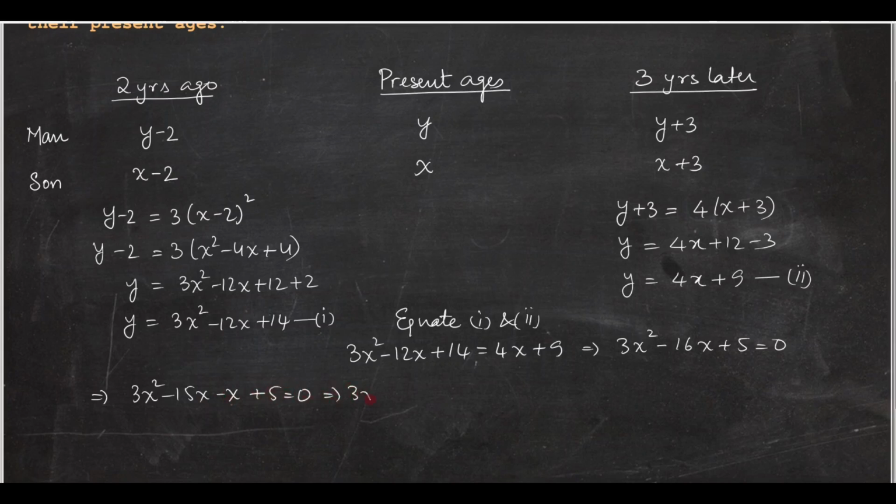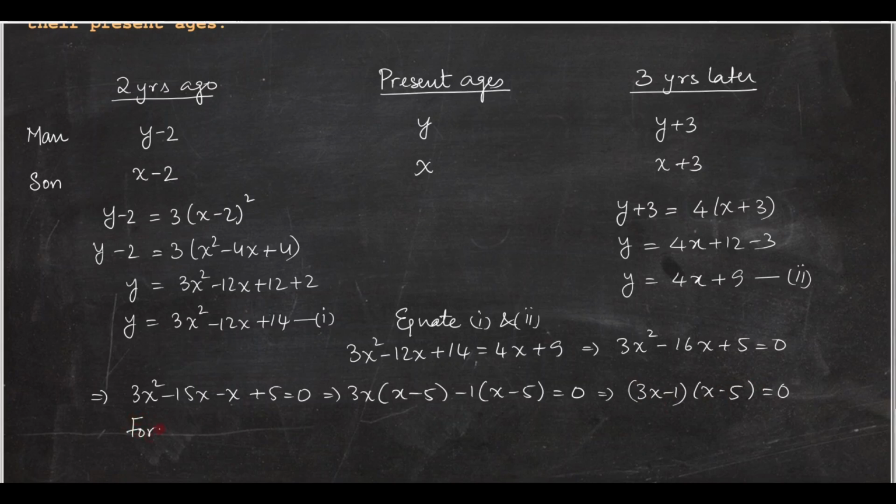I take 3x common, becomes x minus 5. I take minus 1 common here, again this becomes x minus 5, all equal to 0, which implies the factors are 3x minus 1 times x minus 5 is equal to 0.